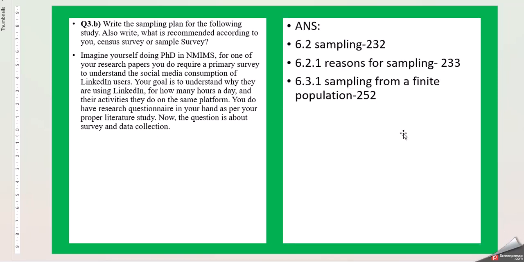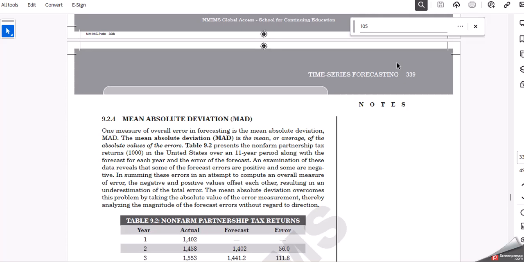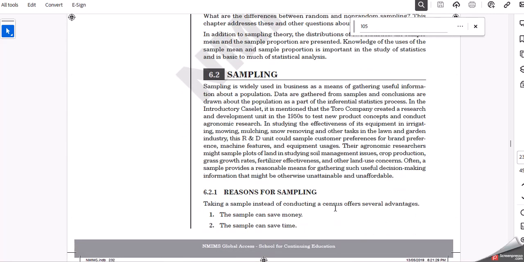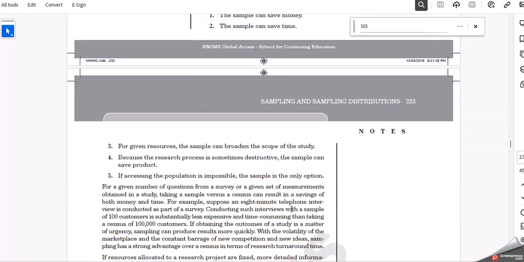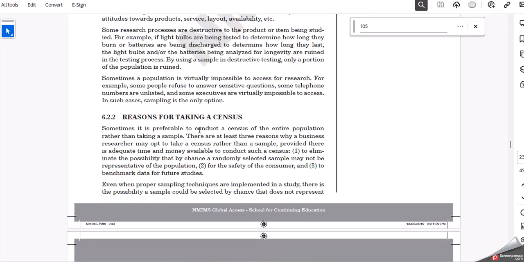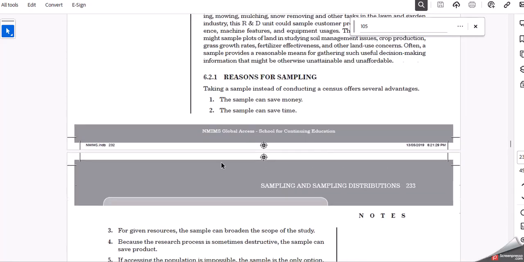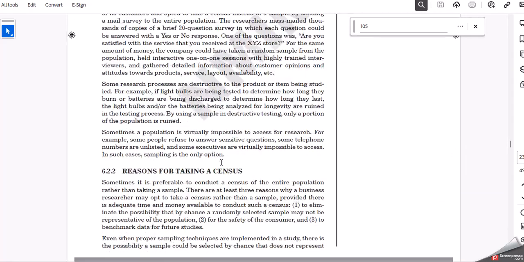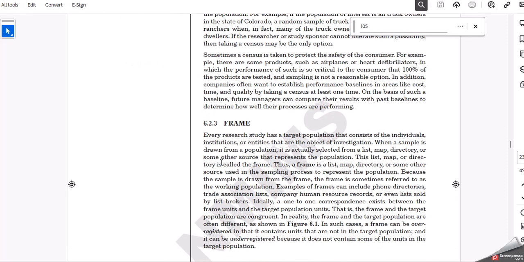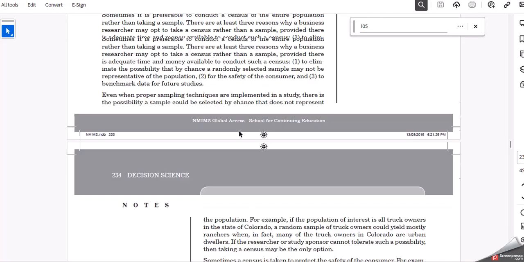Okay, so we can start with sampling, 232. This covers sampling, reasons for sampling and reasons for taking a census. So here you get a good understanding of what is good and what is not bad.